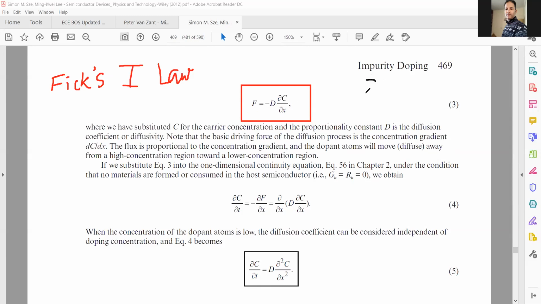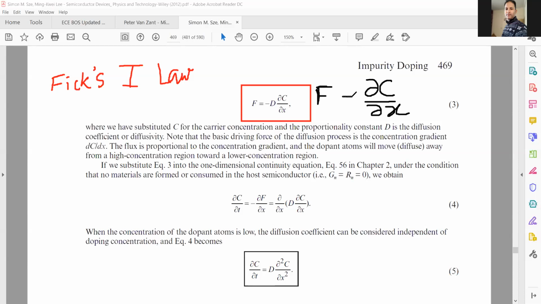We know that concentration gradient is del C by del X. So the flux, which is the number of dopant atoms crossing a unit cross-section area in unit time, is proportional to del C by del X with a minus sign.